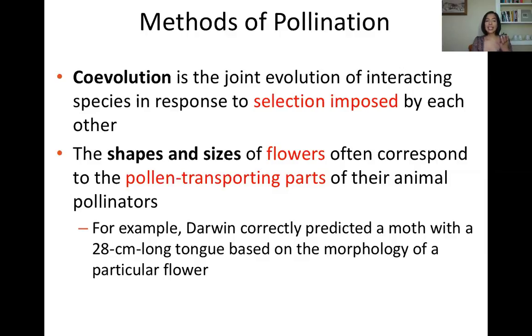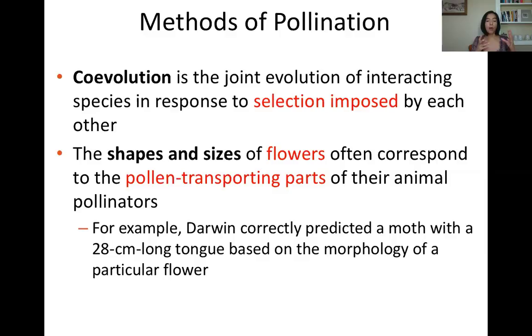So the shapes and the sizes of flowers are going to change in response to the pollinator, and also correspond to the pollen-transporting part of the animal that is pollinating it. As I was explaining before, think about the hummingbird.